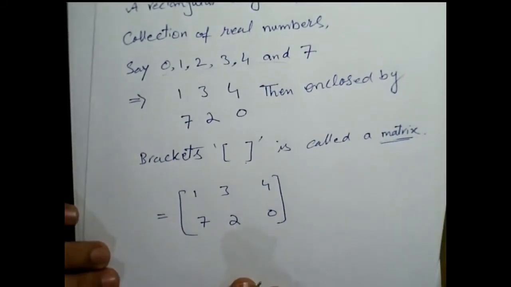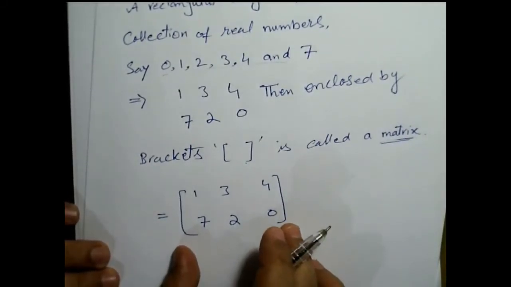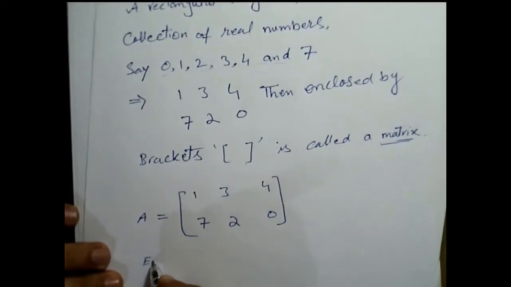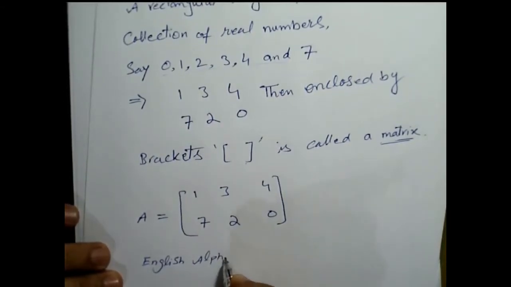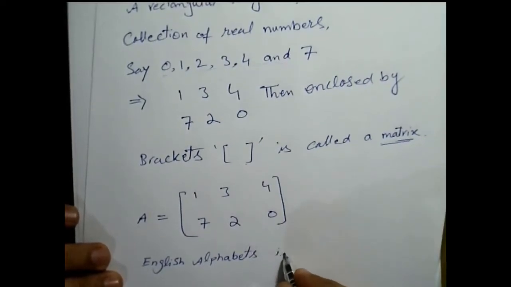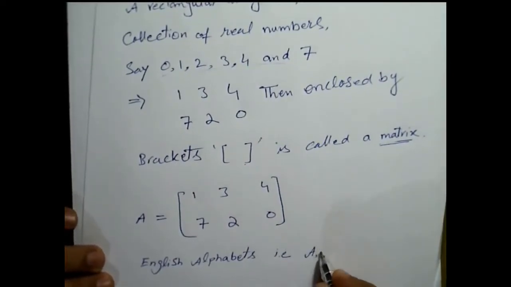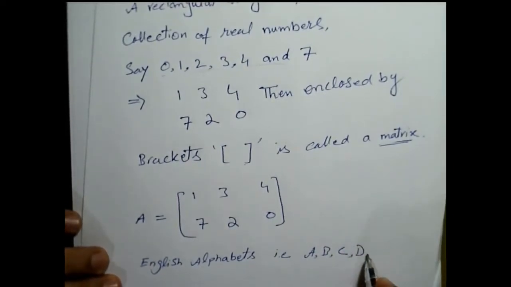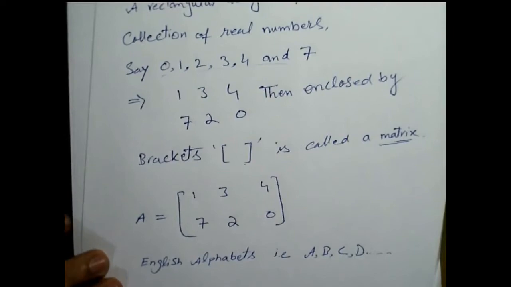We rename or denote the matrices by English alphabets, such as A, B, C, D, and so on.